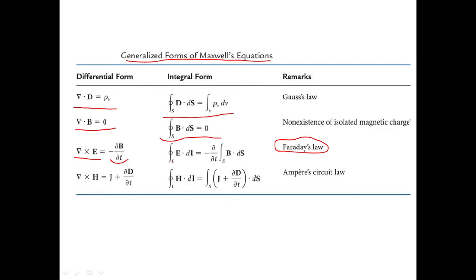Over a closed integral, E vector dot dl vector was 0, right? But here we have some other value, that is minus ∂B/∂t, and here we have minus ∂/∂t of the integral of B dot dS. This we had discussed in Faraday's law yesterday, in the last class, right?